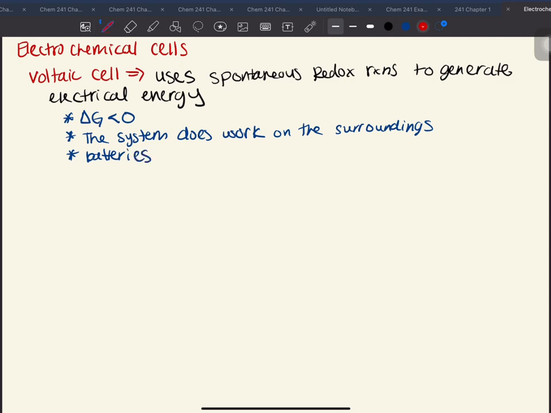Now, the other type of cell that we have is an electrolytic cell. An electrolytic cell uses electrical energy to drive a non-spontaneous redox reaction.